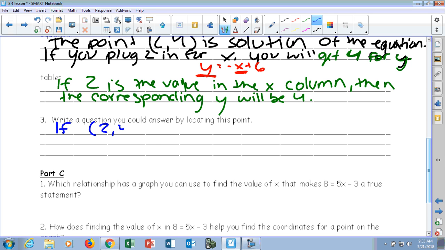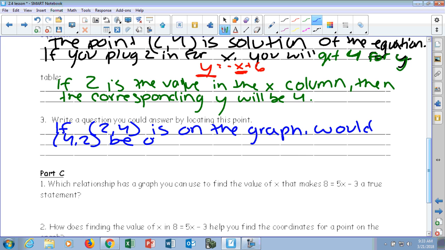If (2, 4) is on the graph, would (4, 2) be on the graph? I like that, Maria. You can have any question you want, any kind of question. You can't be wrong here.